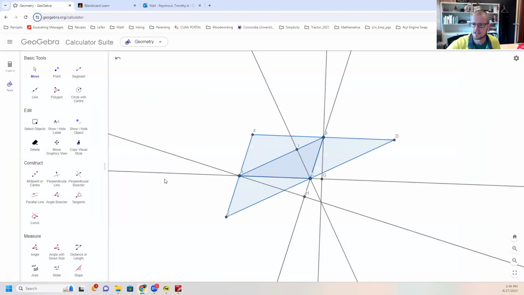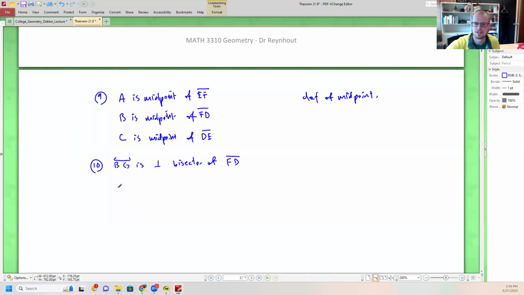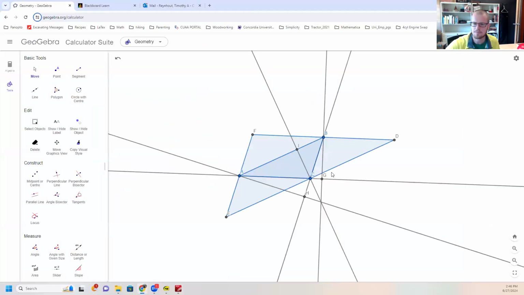All right, so then CI is the perpendicular bisector of DE. I'm sorry, CE is not correct there. DE, I believe, is what we were looking for. DE, yep.